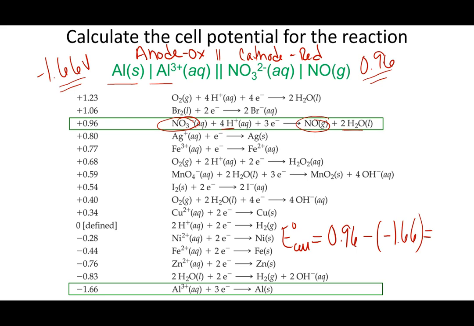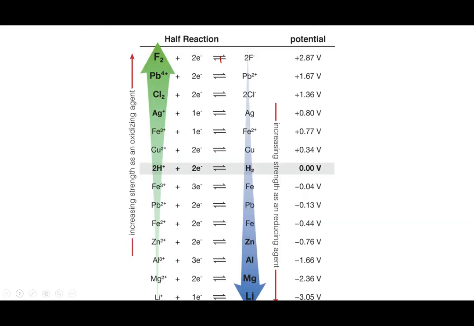We're going to take 0.96 minus negative 1.66, and that's going to give us a potential of 2.62, and remember our unit here is volts. All right, so that is calculating cell potentials.